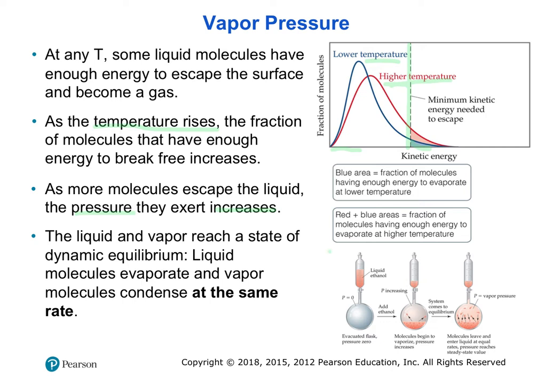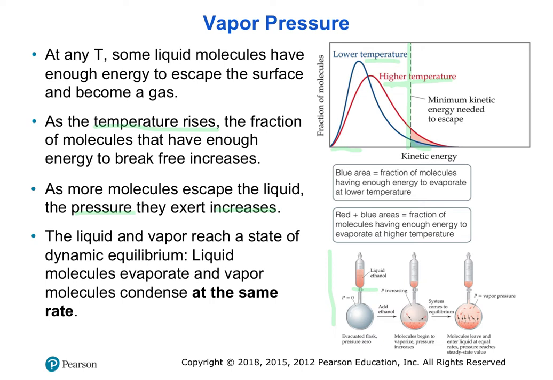So we look at this little picture here. We have liquid ethanol in the top little vial, and when we open this stopcock right here, the molecules go into the flask and are now able to vaporize.